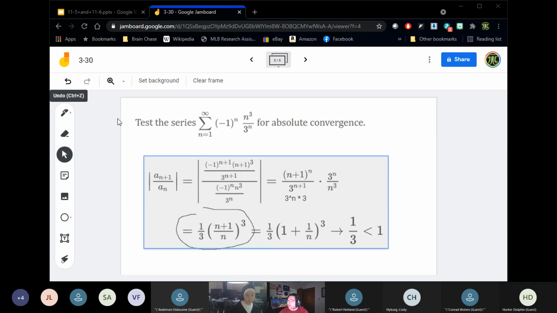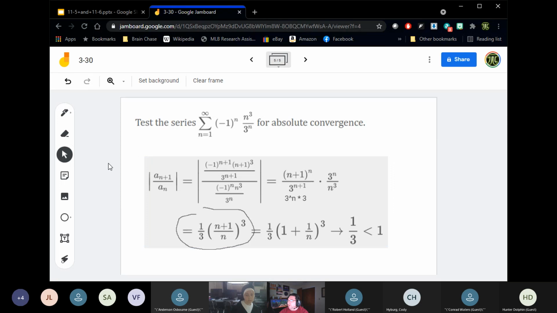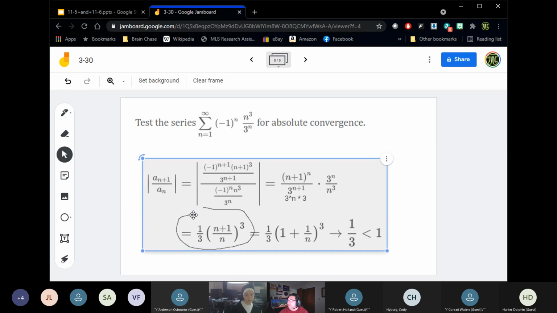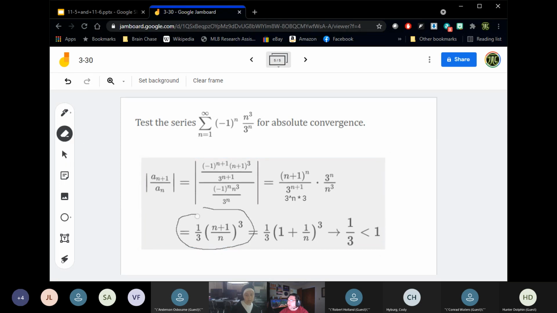And since my limit is less than 1, it passes the ratio test, and therefore it is absolutely convergent.